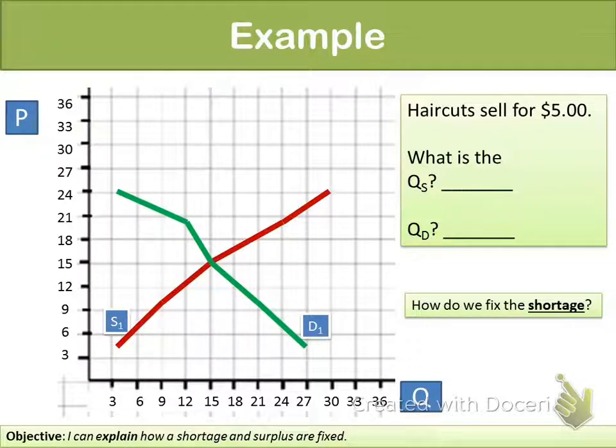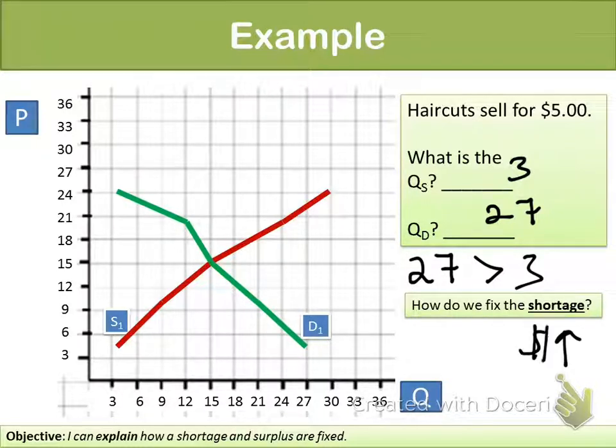If haircuts sell for about $5, we're going to have a quantity supplied of about 3, but the demand is going to be about 27. So 27 is greater than 3, and we're going to have a shortage. And how do we fix that shortage? We have to increase the price.